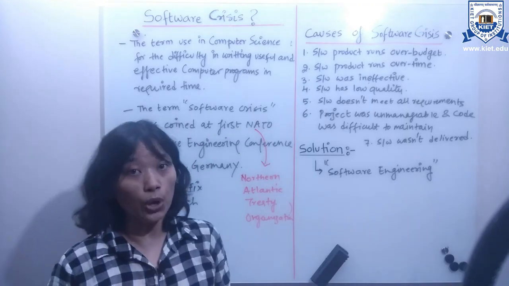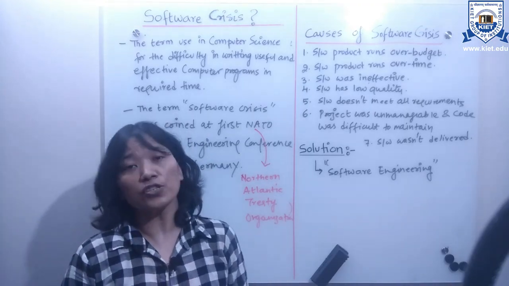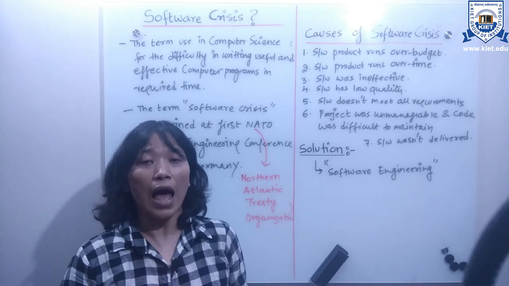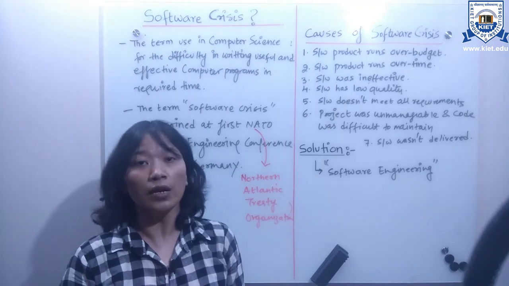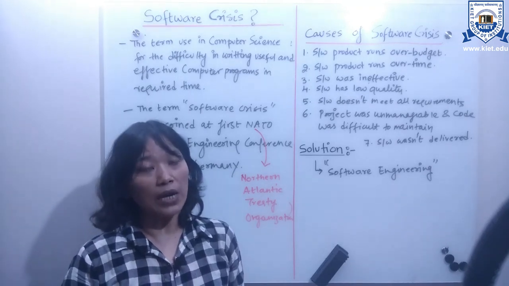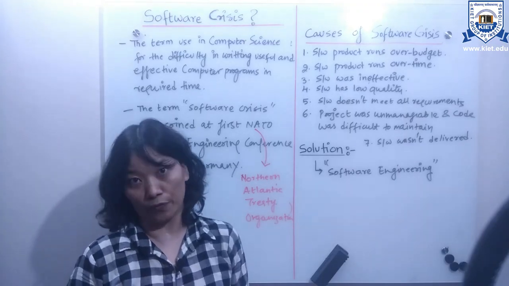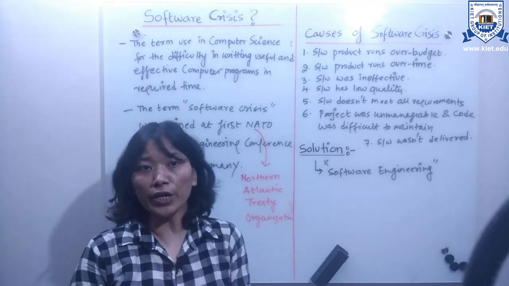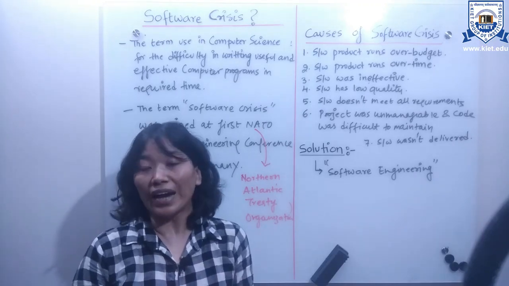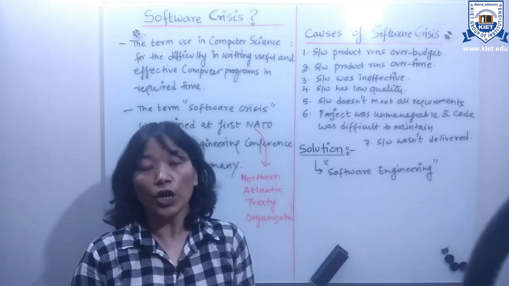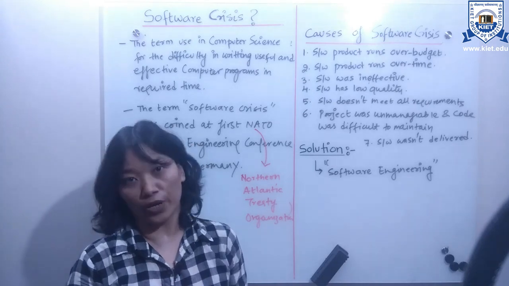And as you all know, IEEE defines software engineering as the application of a systematic, disciplined, quantifiable approach to the development, operation, and maintenance of software.